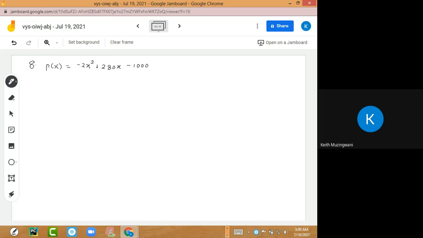Describe the profit function for a certain business. So this p(x) describes the profit function for a certain business, where x represents the number of items sold. The question is, how many items should be sold to maximize the profit? So what value of x should we obtain if we want to get the maximum profit?